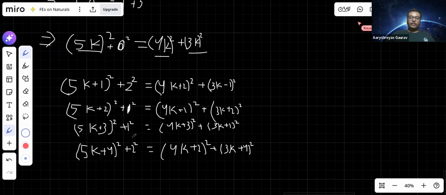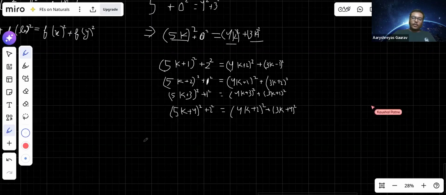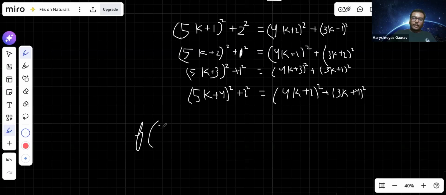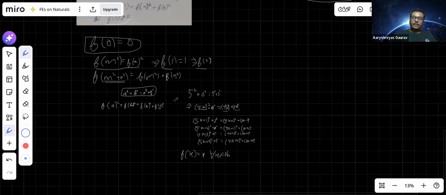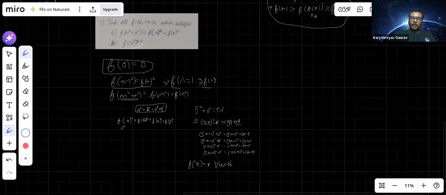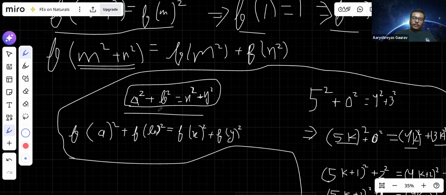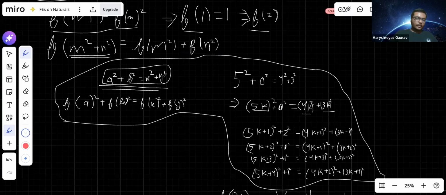And this will go on for all natural numbers, and finally we will end up with our f of x is equal to x for all x being natural, because that's our range and domain. So the main idea of this question was how we can induct well on larger steps, and the most important thing was that we can manipulate natural numbers in very different creative ways like this one.